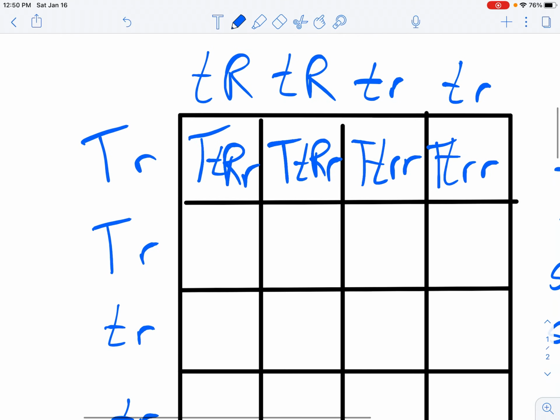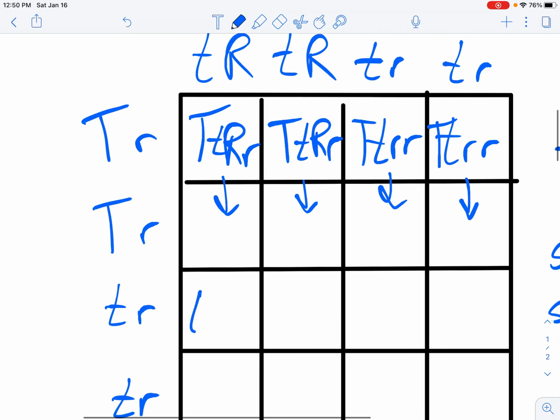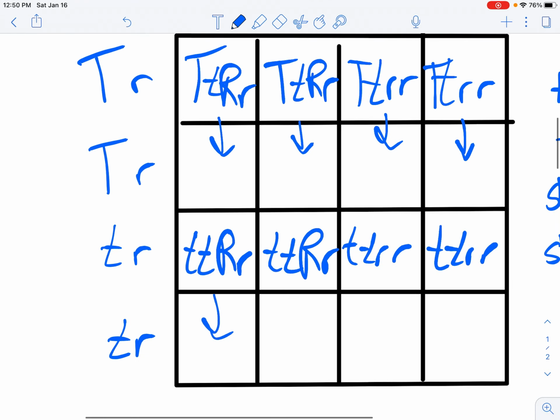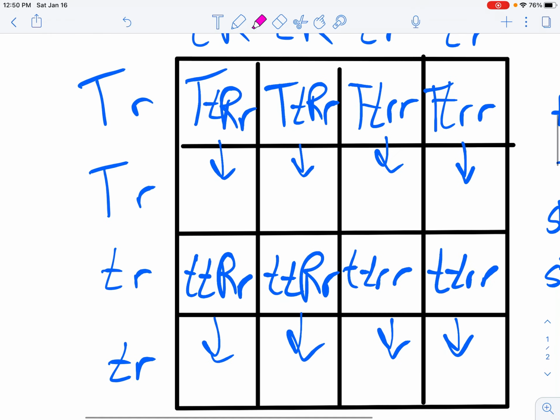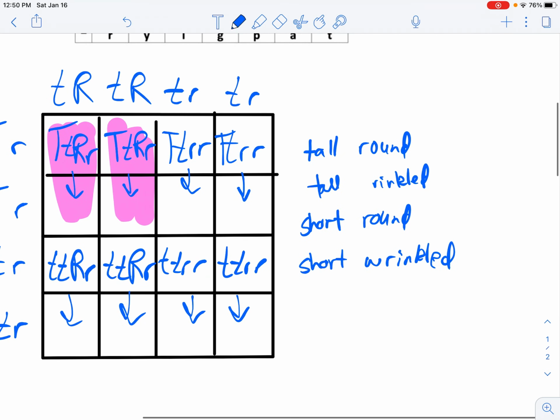And then those will be the same, and then here, and then those will be the same. Okay, so how many are tall and round? 1, 2, 3, 4. 4 of them.